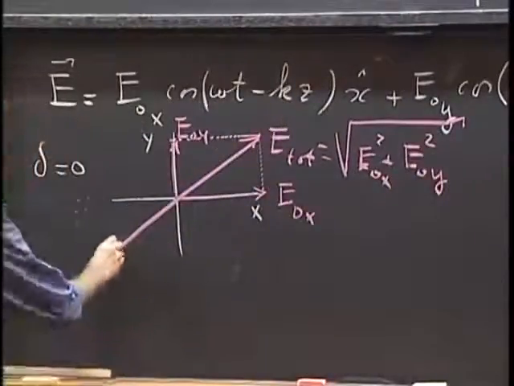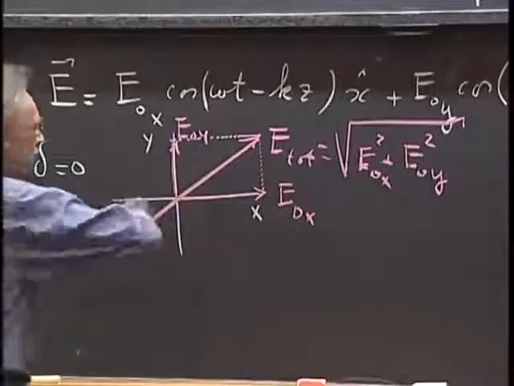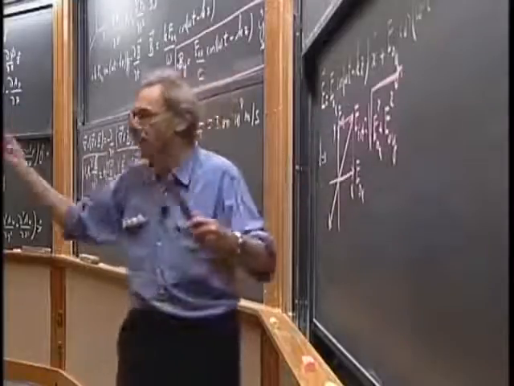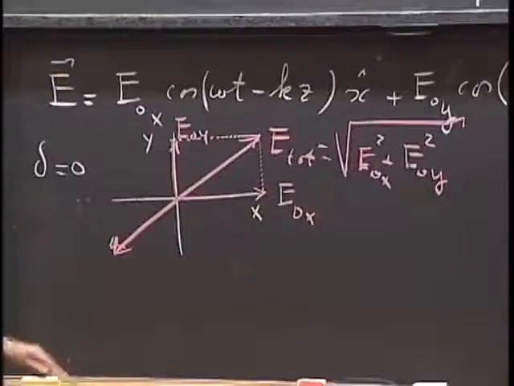And if you see this coming to you, you will see an electric field going like this. Linearly polarized. No longer linearly polarized in the x direction, no longer in the y direction, but in this direction.